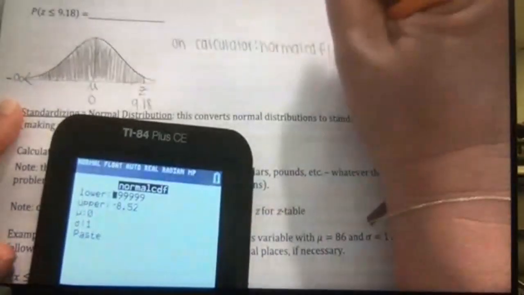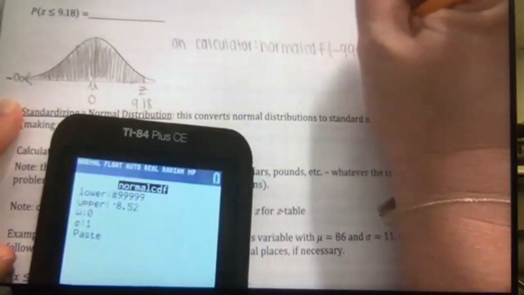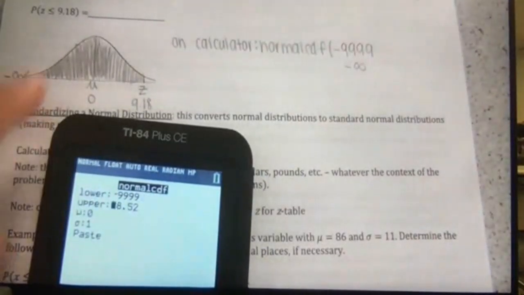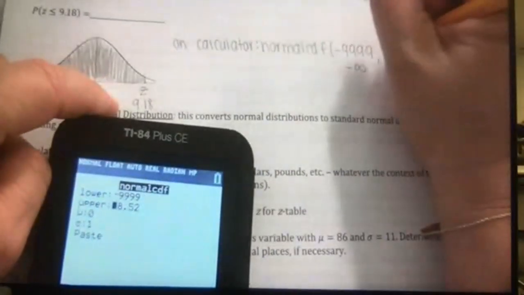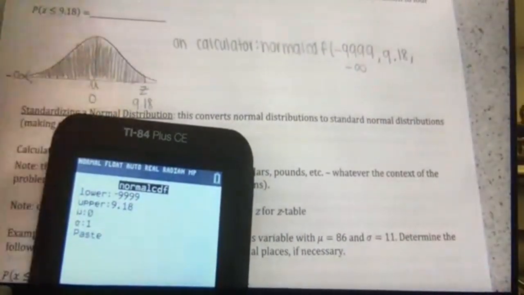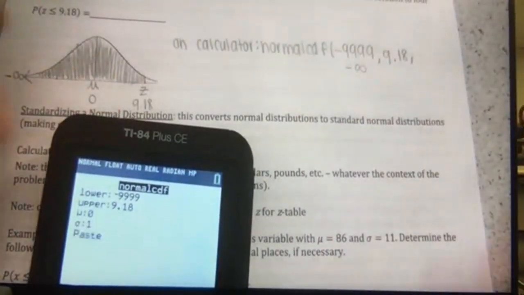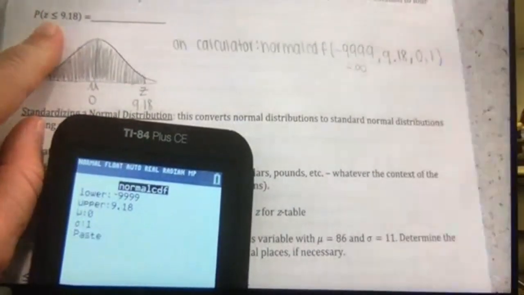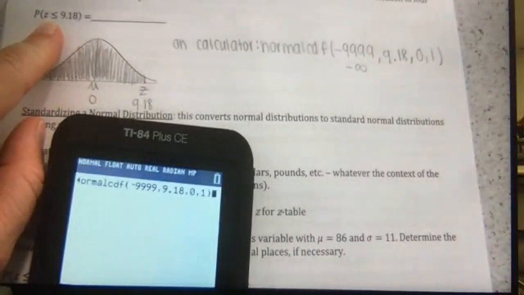Our lower boundary, it's going on forever to the left, so negative infinity. So we're going to put negative infinity as negative 99999 into our calculator. Our upper limit is positive 9.18. And our mean is 0 and our standard deviation is 1 because it told us Z. Pressing paste, all of ours should look the same.